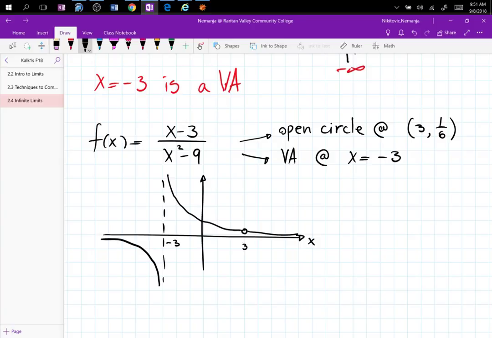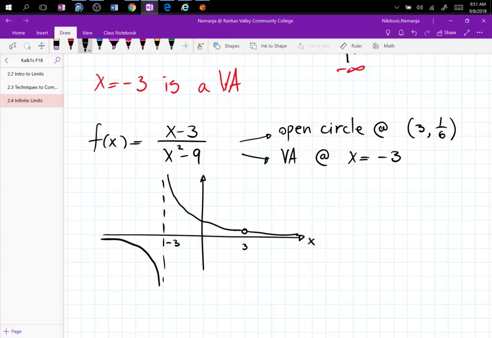By the way, I don't use any notes or anything. Whatever function I put down, I use. So now I have to flip this. So you have x minus 3, and then x squared minus 9. Enter. Okay. So zoom standard.